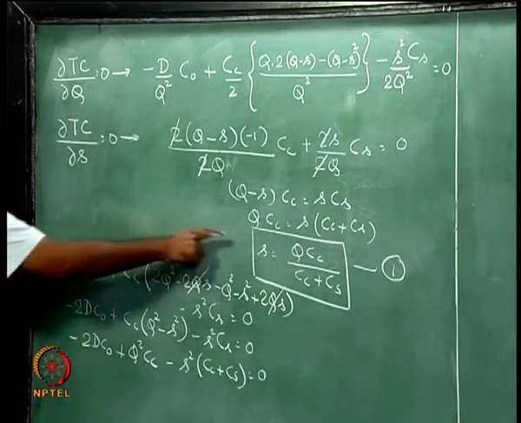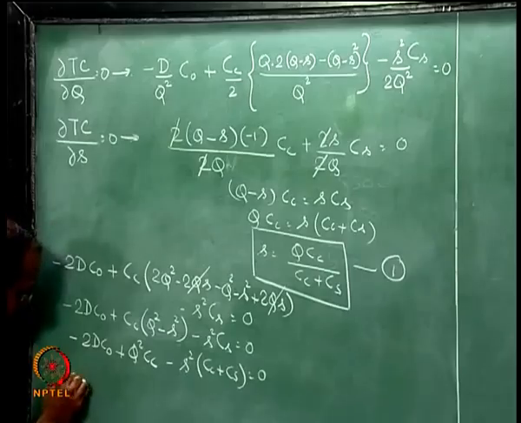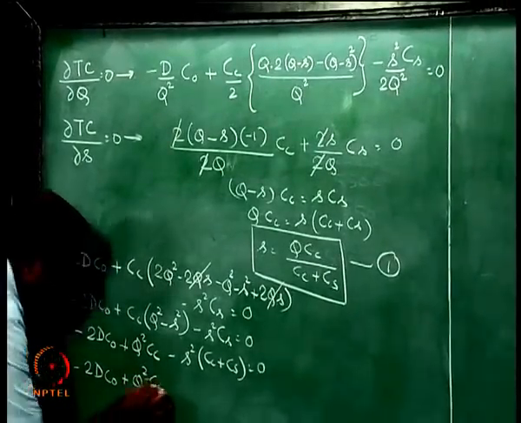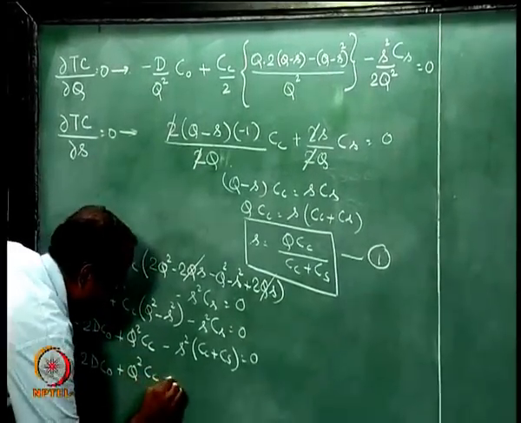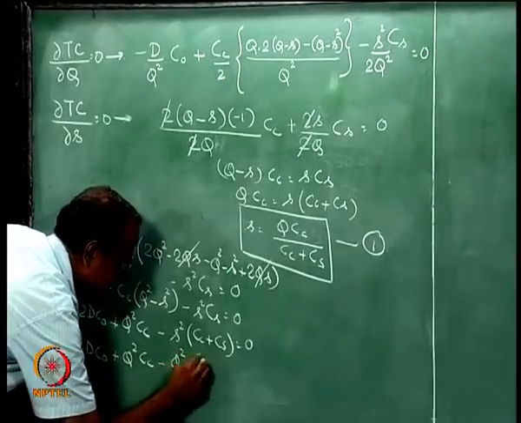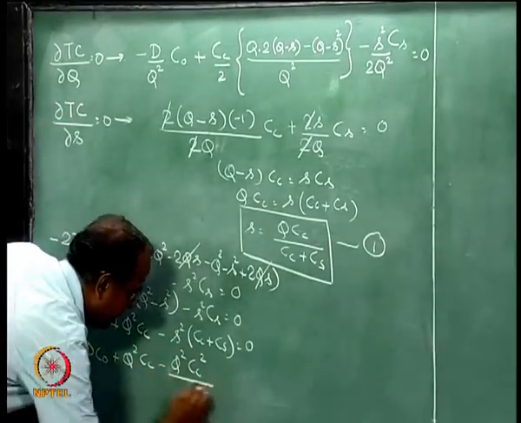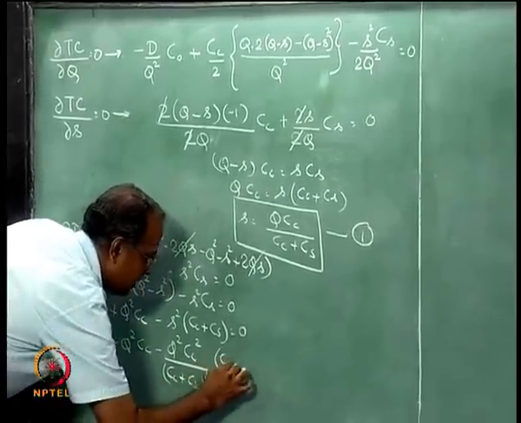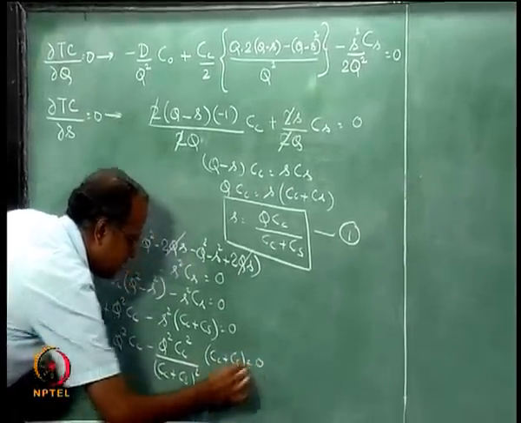Now, we substitute for S square from here, minus 2D C naught plus Q square CC minus S square is Q square CC square divided by CC plus CS the whole square into CC plus CS equal to 0.